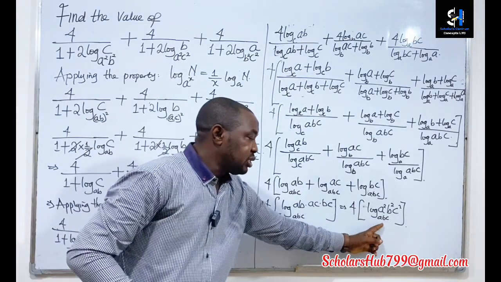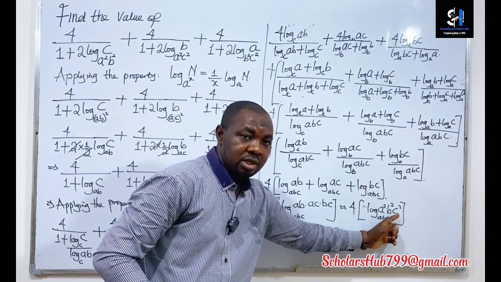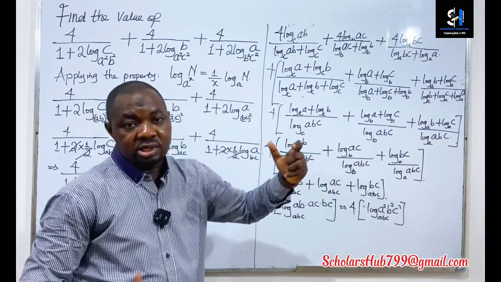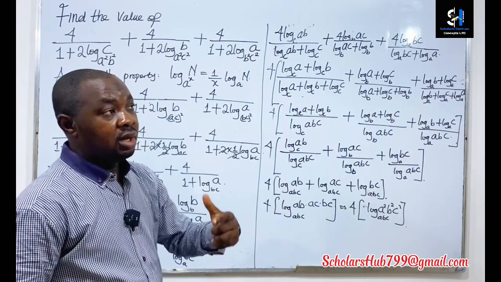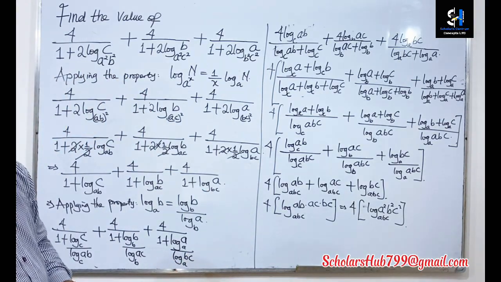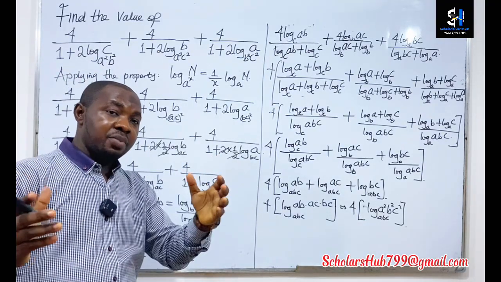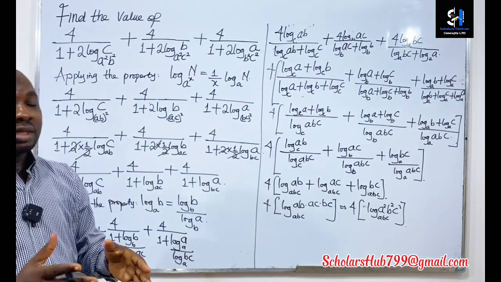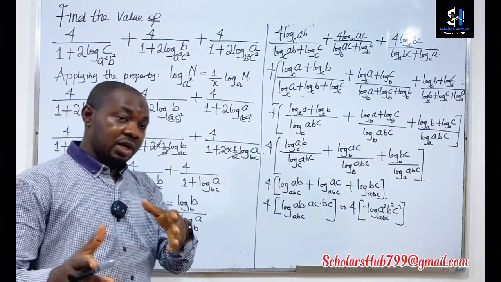Now ABC is the base, and we can see that ABC in the argument each has a power of 2. So we can take the 2 to the front using another property of logarithms. When we have the logarithm of the pth power of a number, that can be expressed as the product of p and the logarithm of that number.